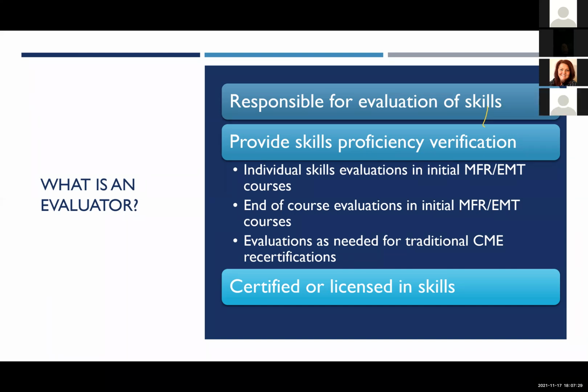This does take place in a variety of settings. Individual or formative evaluations are skill evaluations that happen throughout a program, such as evaluations in the initial MFR or EMT courses. Think about right after you learn a skill for the first time, it's practiced and practiced and practiced. Then there should be an assessment or an evaluation of performance on that individual skill.